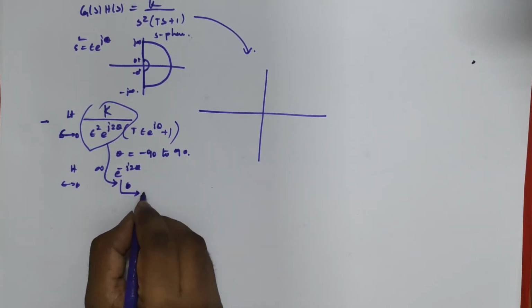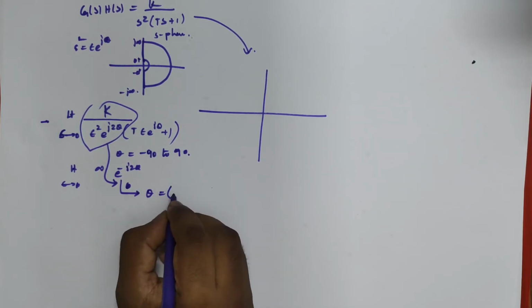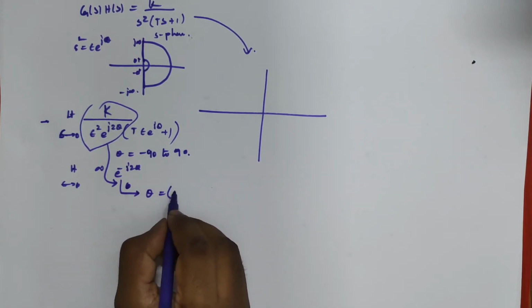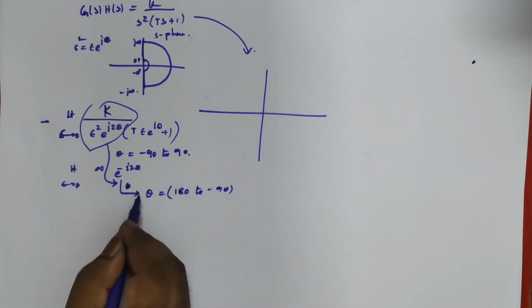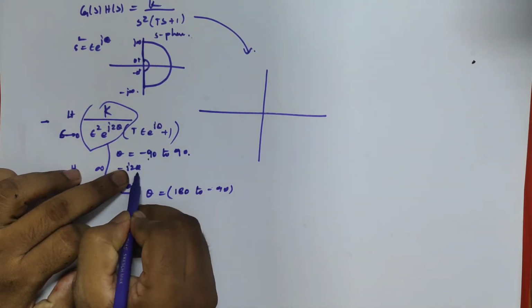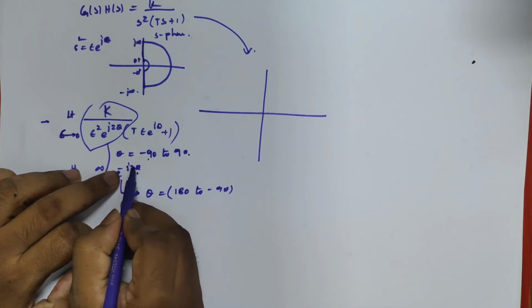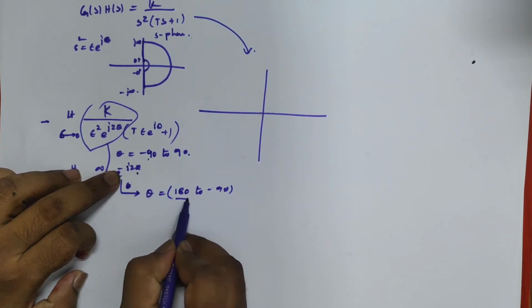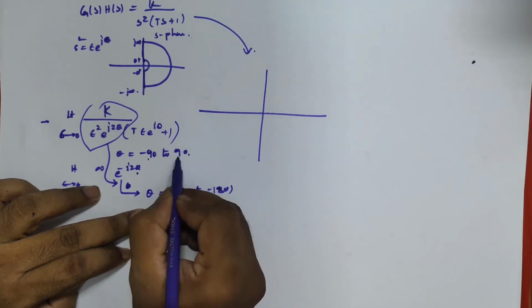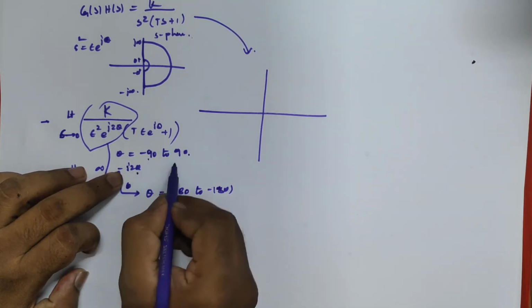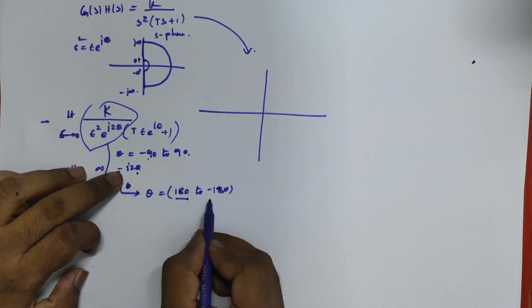The theta value here is varying from 90 to minus 90, right? So if you substitute theta as minus 90, minus of 2 into minus 90, I'll get 180, and for 90, minus of 2 into 90, that is minus 180.